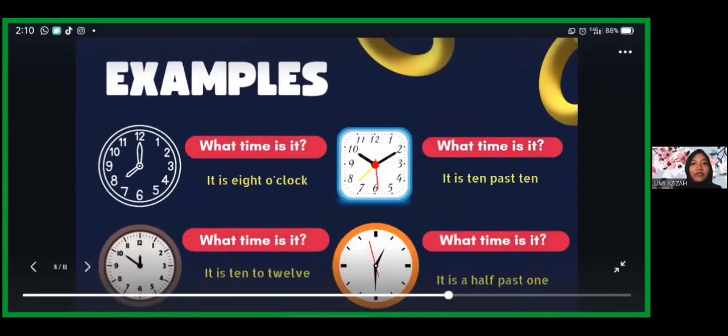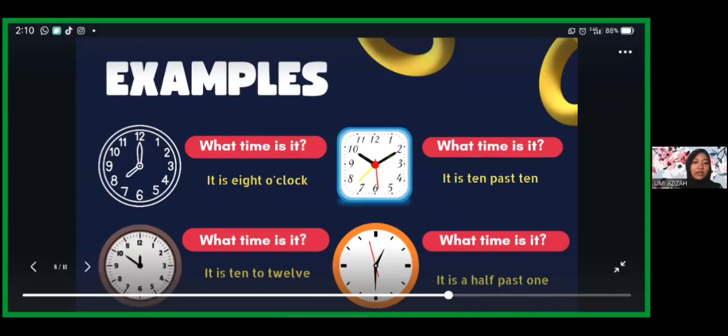Now this is for examples of the time. Number 1, the minute hand, the minute hand is the long one. Minute hand in 12, and the short, it is hour hand in 8, and then minute hand in 12.